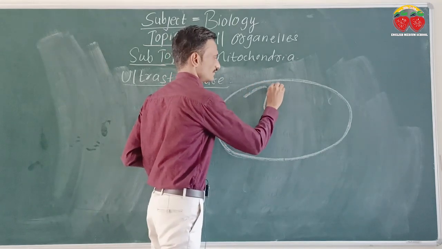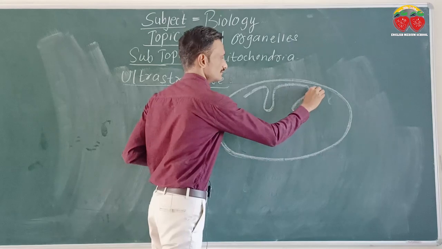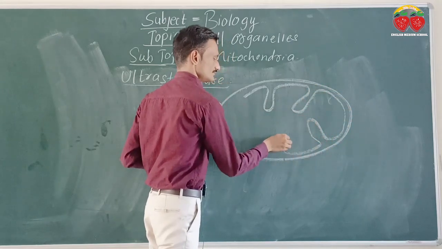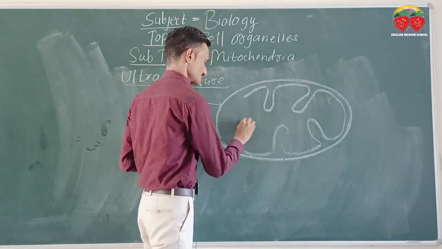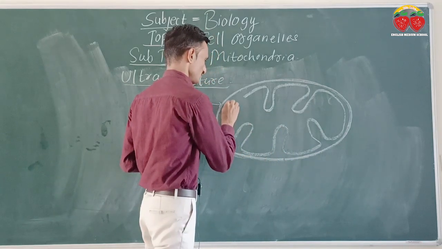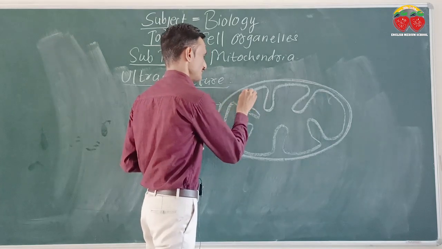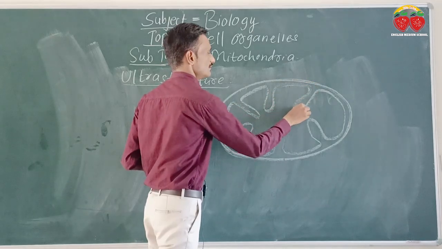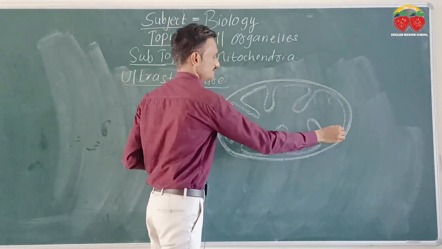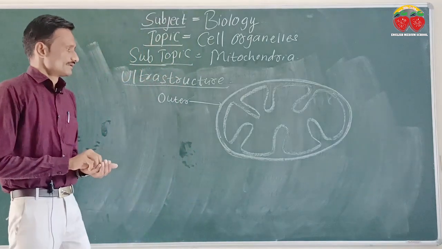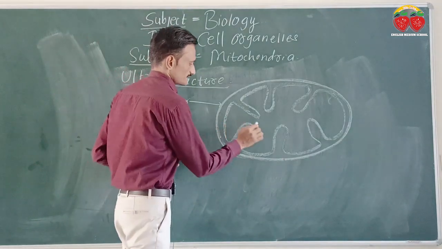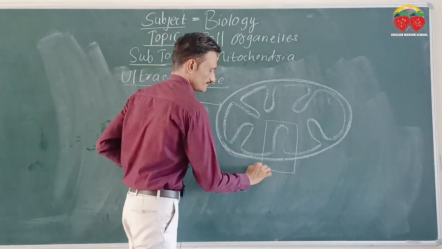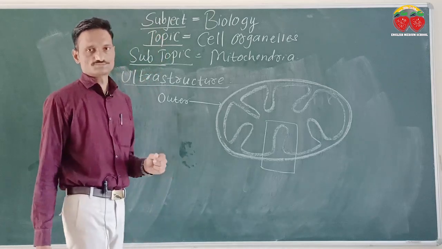It shows a number of folds like this, which increase the surface area for physiological activity. Each fold is called a cristae.